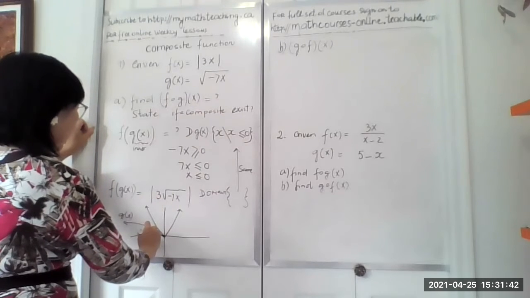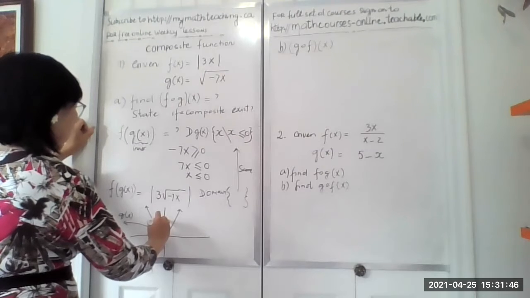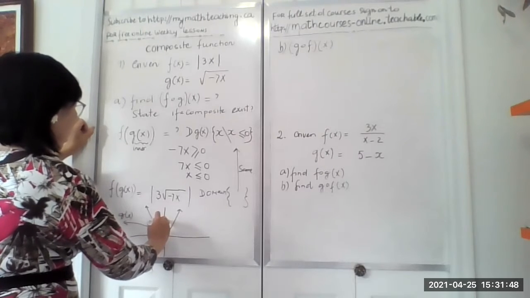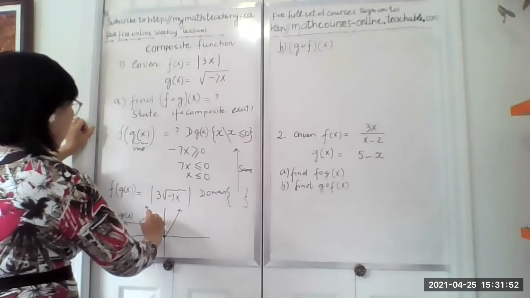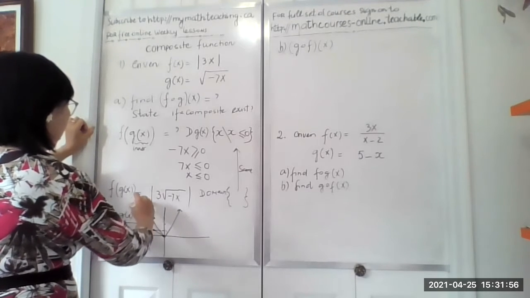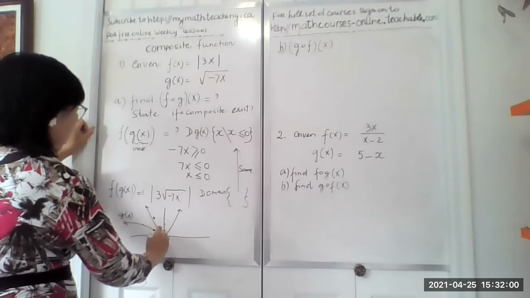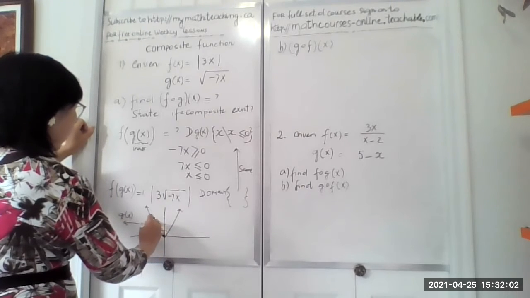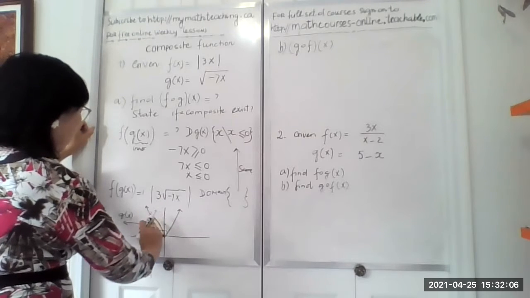So if you pick a number here, the y here is 1, but then it will become 3 somewhere. So this point will go up here, and this point will go up here.